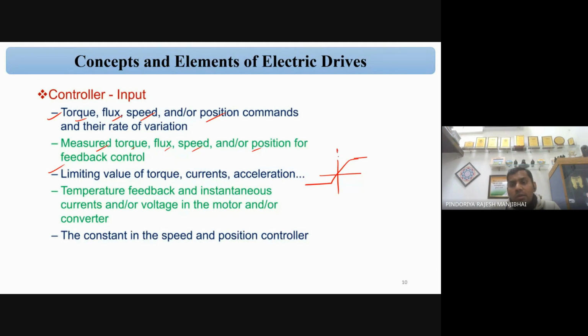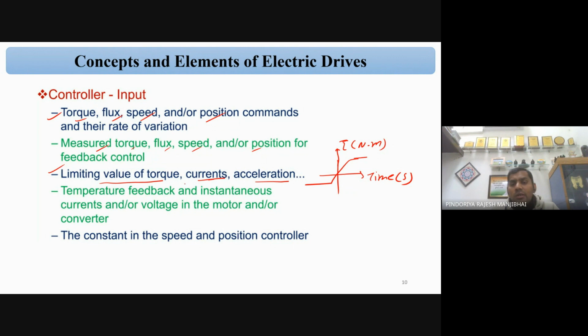Maybe this is your torque and this is your time in seconds, and this is your torque in Newton meter. So we have to give some limitation, correct? It is not unlimited. So we have to give the limit of the value of the torque, correct? So limiting the value of the torque, current, and acceleration, correct?